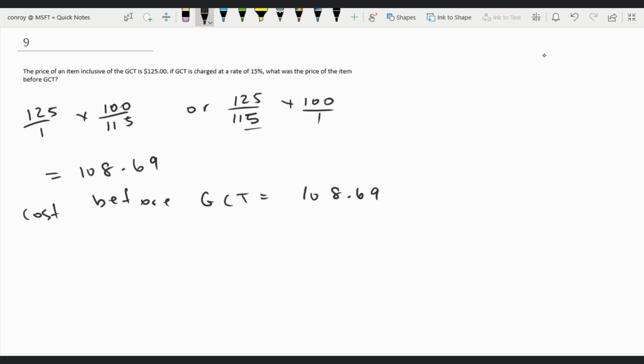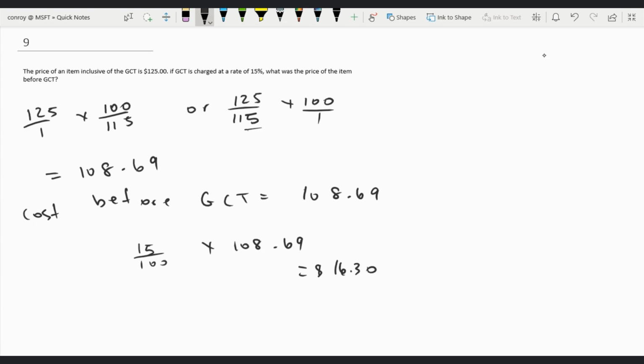Alright, just to check what the GCT is, 15 over 100 times 108.69. The GCT would be $16.30.